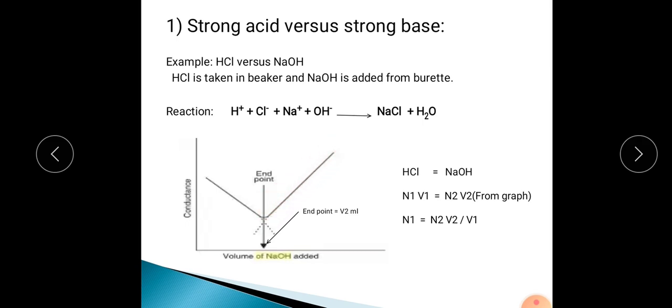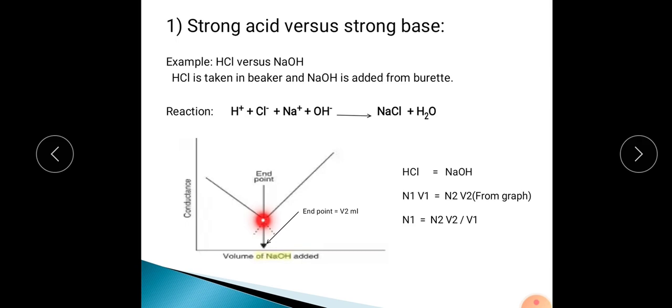So it is observed that in a graph of conductance versus volume of NaOH added, in the beginning the conductance is higher. That is purely attributed to the strong electrolyte HCl. On adding NaOH, conductance decreases. This is attributed to replacement of H plus ions by Na plus.